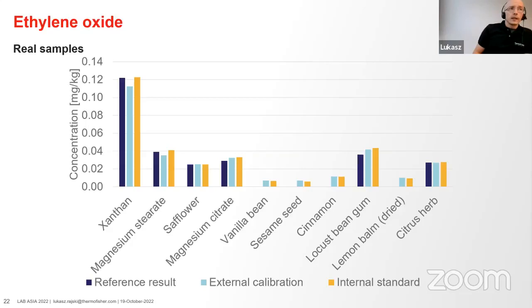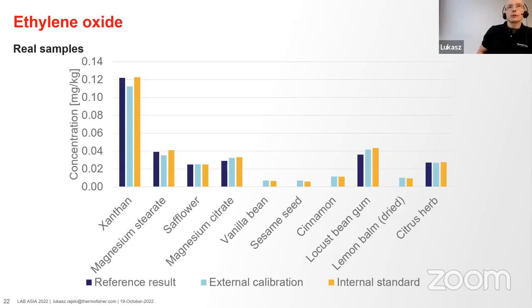The results are presented with dark blue bars. Our results with external calibration are presented with light blue bars, and with internal standard with yellow bars. You don't see reference results for some of the samples because the residues of ethylene oxide and 2-chloroethanol were detected. However, they were below the maximum residue level, so they were not quantified.